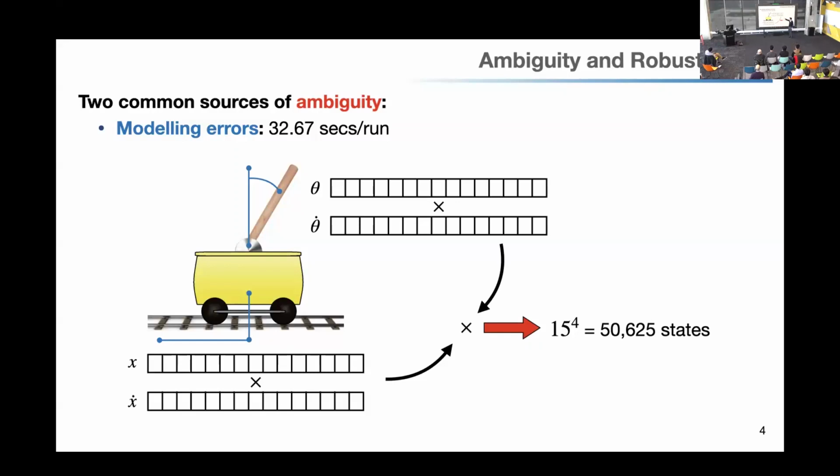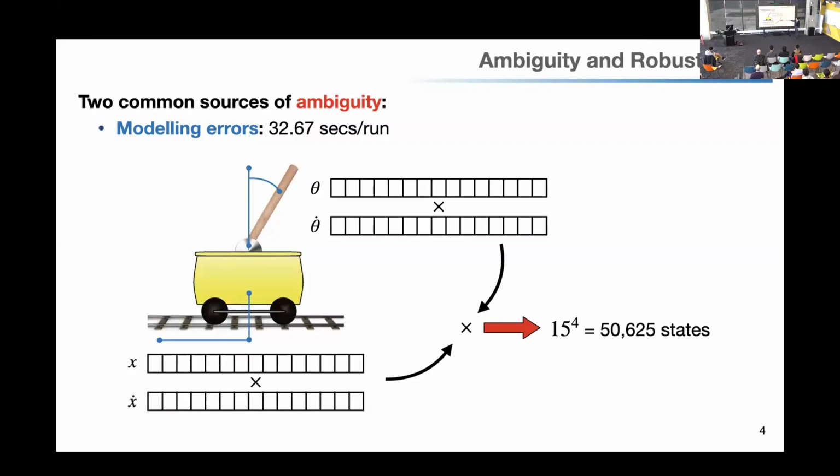In the context of our cart pole example, we may incur modeling errors by discretizing the state space. Recall that I said that the state space would most naturally be described as a subset of R4. But what I did instead is I discretized the state space into 15 to the power 4 states. Now, when I did so, it turned out that the optimal policy was still pretty good.